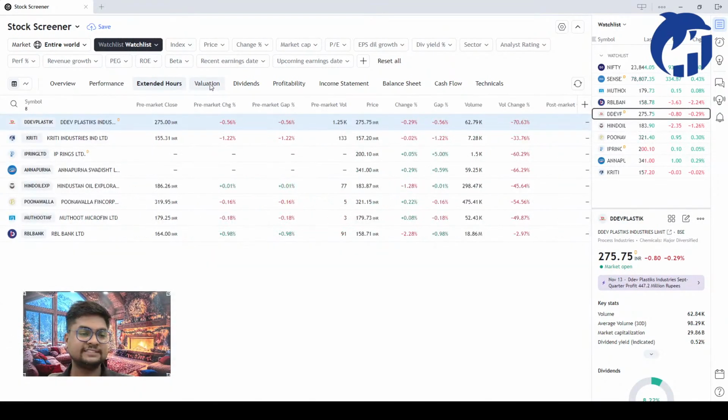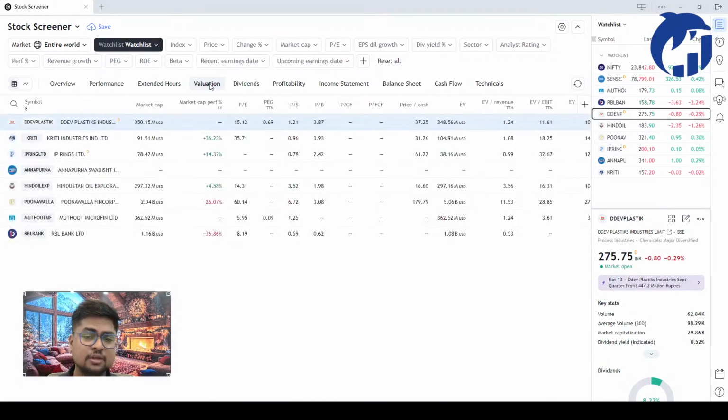So just look, the extended hour is not very important for us. This just shows the time value. So just have a look at its valuation. Most of these stocks are small cap, small to medium cap, except Poonawalla and RBL Bank, which are mid cap.